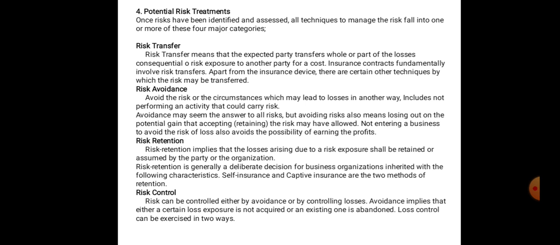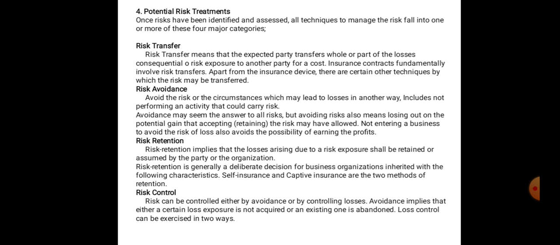Next is risk control. Which category of investors will come in risk control? It is between risk avoidance and risk retention, because in risk avoidance they completely take the risk out, while in risk retention they are ready to take any kind of risk. In risk avoidance, the risk is purely nullified.